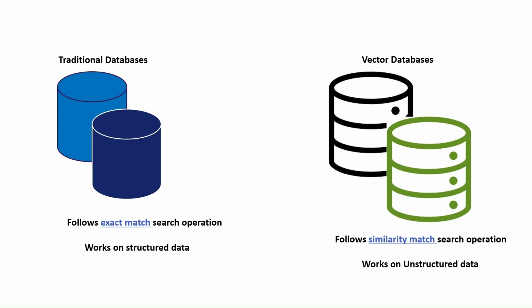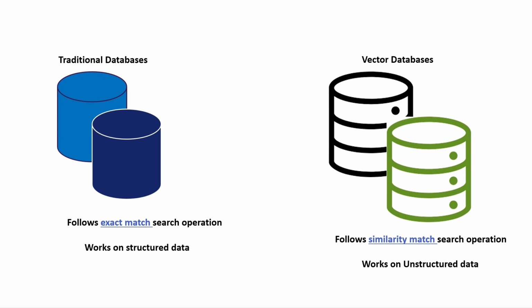Whereas a vector database works most of the time on unstructured data. It follows semantic or meaningful data. Say, for example, in a traditional database, if you are looking for the keyword dog, it brings up the records where matches are found against a particular column or columns where the search string dog exists.